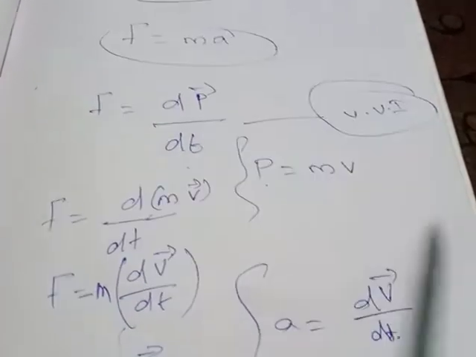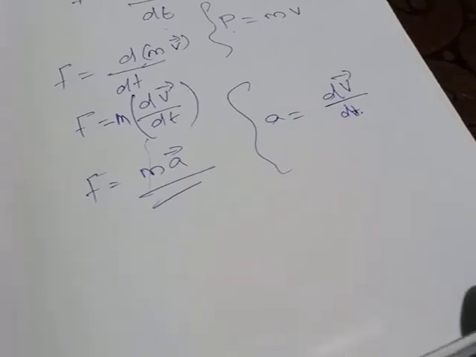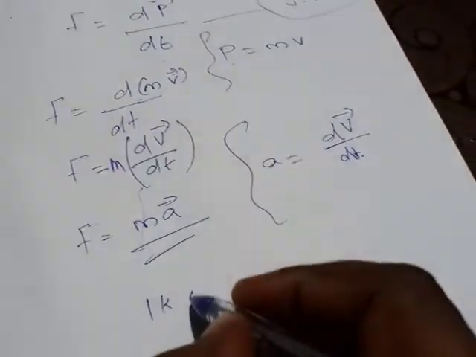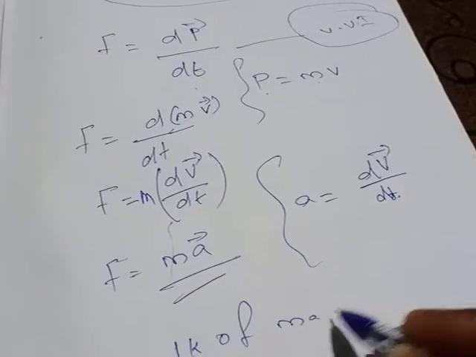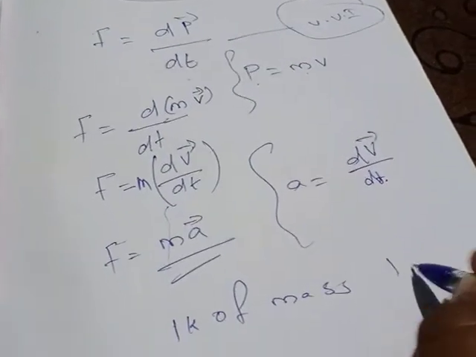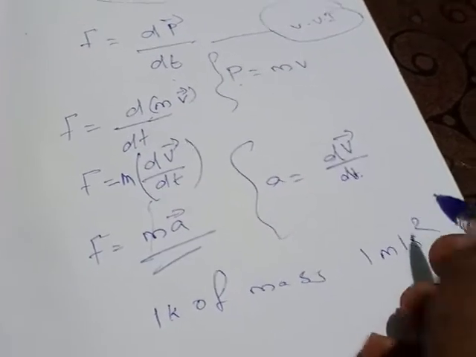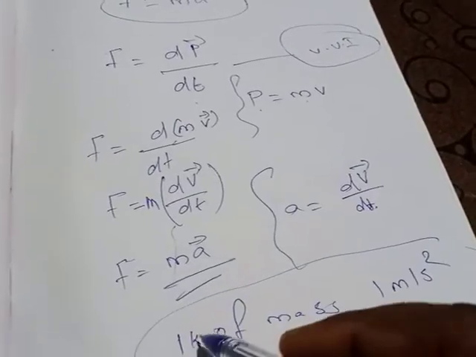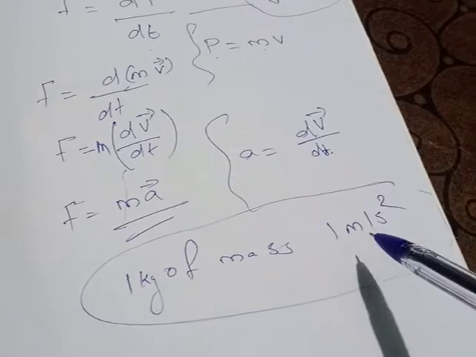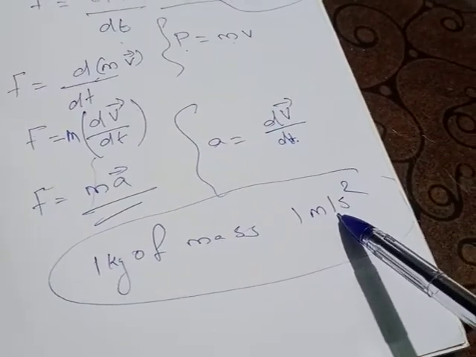Next, you can see the definition of 1 Newton. What is 1 Newton? 1 Newton means 1 kilogram of mass given an acceleration of 1 meter per second square.